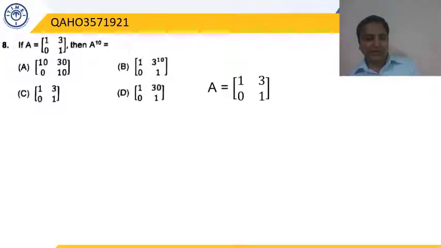So matrix A is given as 1 3 0 1. Let's multiply matrix A by matrix A. This is A to the power 1.